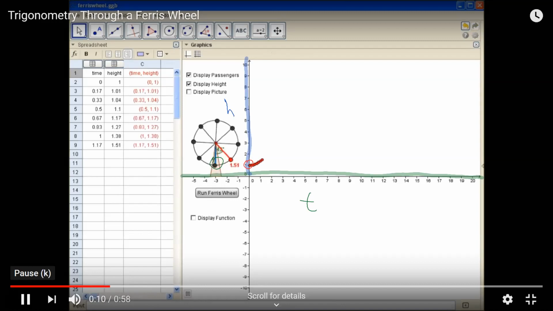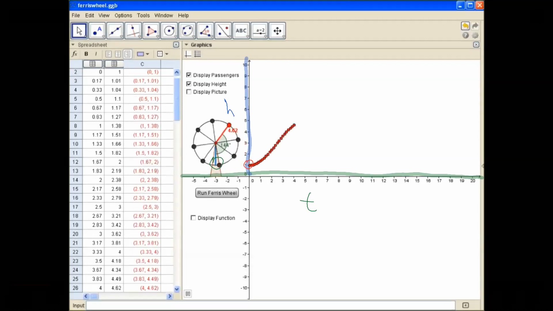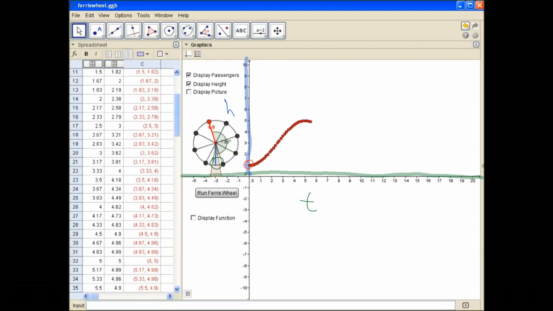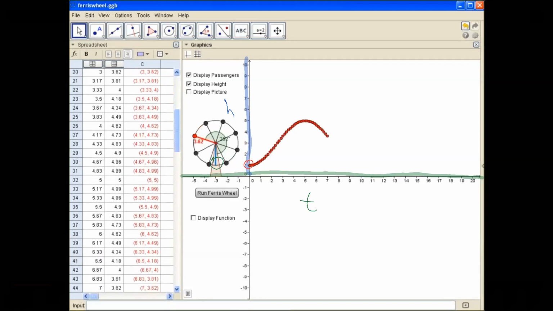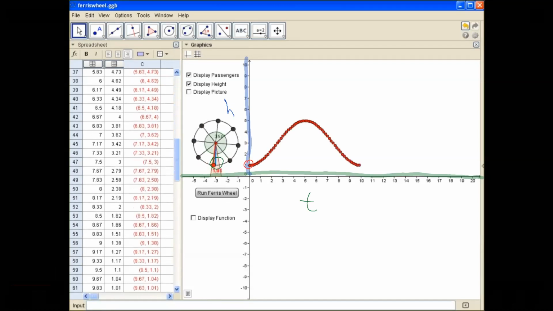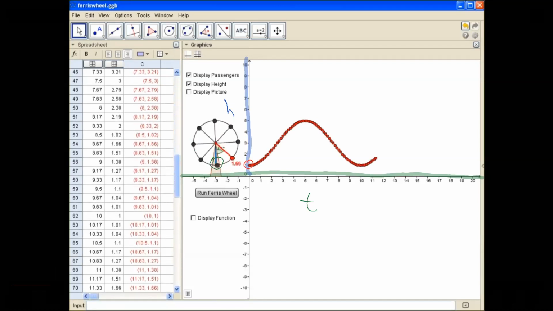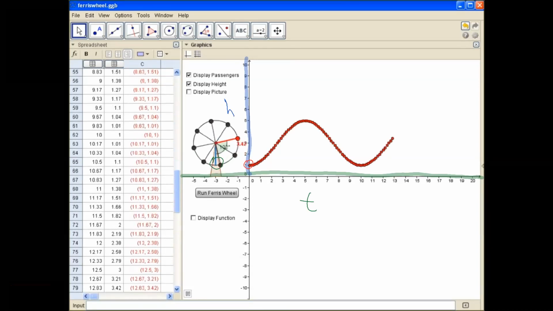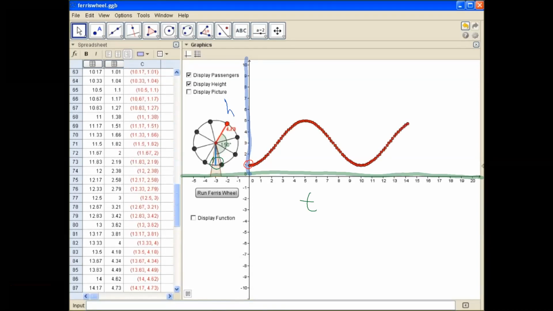Okay, so you can see it starts to move up as the person on the Ferris wheel moves up, and they hit that max height, and then they come back down as the Ferris wheel moves down. And then notice they're about to get back to the same starting point, but then they continue on again and go through the same motion.